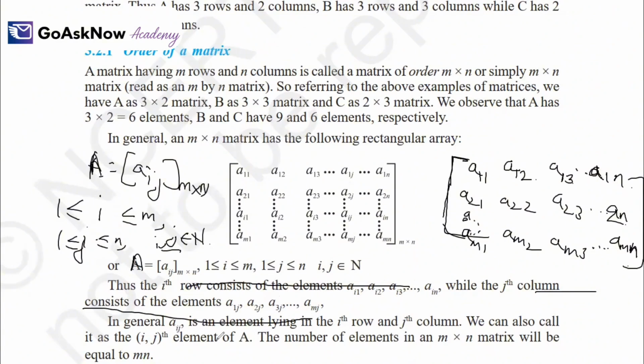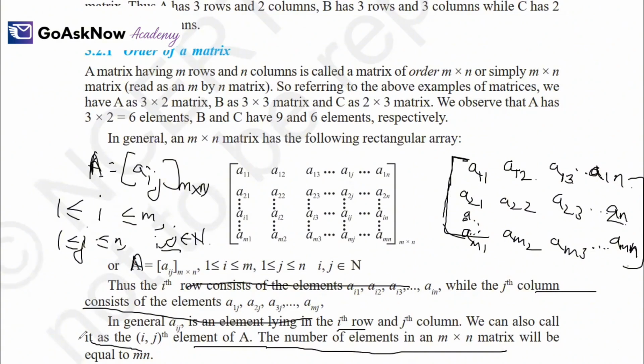In general, Aij is an element lying in the ith row and jth column. So Aij represents that its position is the ith row and jth column. We can also call it the (i, j)th element of A. The number of elements in an m cross n matrix will be equal to mn.